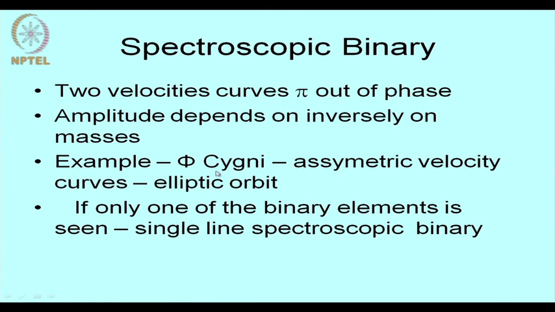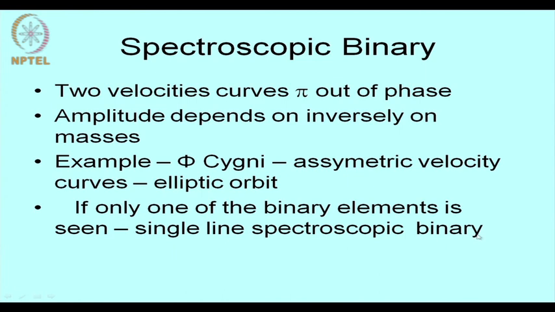And there are situations where only one of the binary elements is seen in the spectroscopic line, and these are called a single line spectroscopic binary.